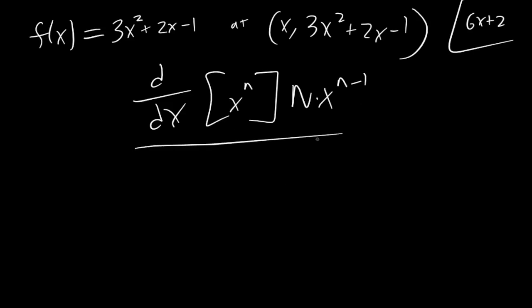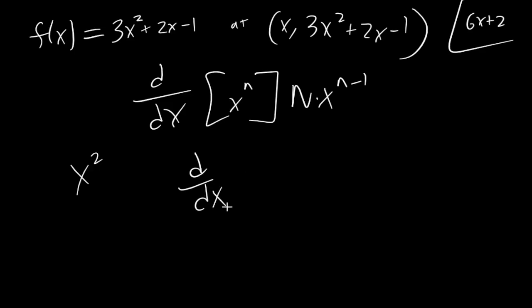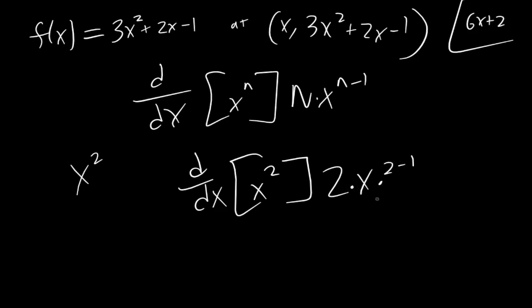Now, you're probably like, what is this? For x squared, we're just going to follow the rules of this formula. So d over dx of x to the power of 2 is 2 multiplied by x to the power of 2 minus 1.